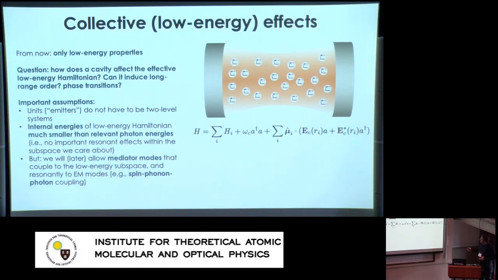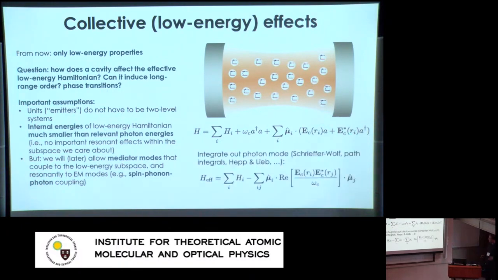So the Hamiltonian I start out with is the free space emitter Hamiltonian, plus in this case a single cavity mode, and then the dipole coupling with the mode of the cavity. And as we've seen already several times, if I now integrate out the photon mode exactly, I want to get the effective low energy Hamiltonian. I can do this with Schrieffer-Wolff, or with the path integral formalism, or Hebb and Lieb.